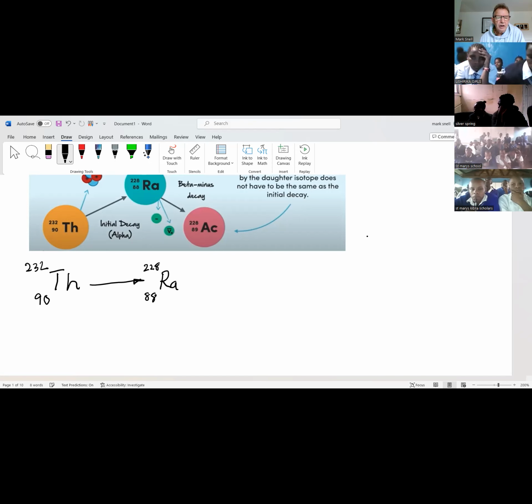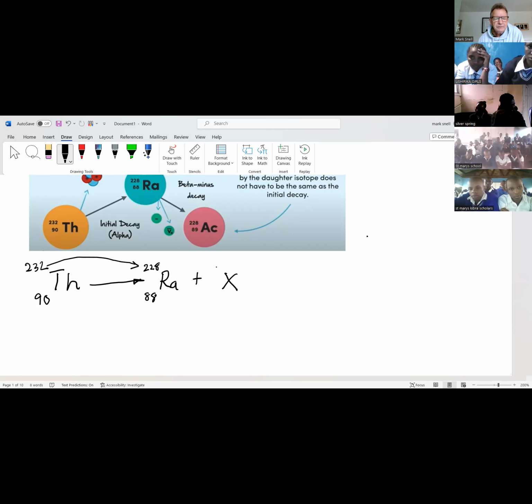Now, something else we know because it says here, something else is formed. So what you do is you say, okay, I don't know what it is. I'm going to call it X. And I just look at this and I go, okay, 232 has become 228.